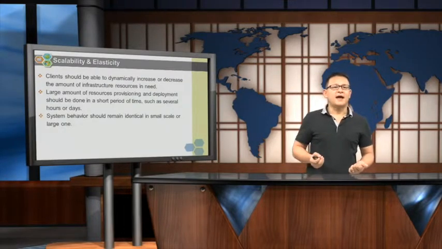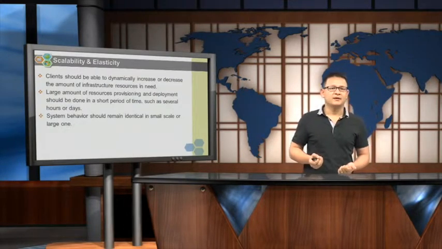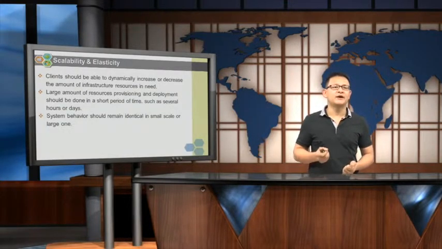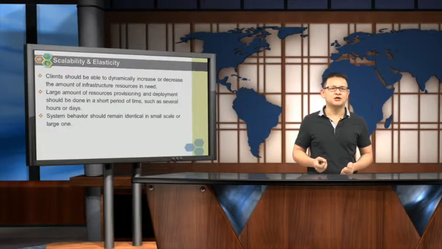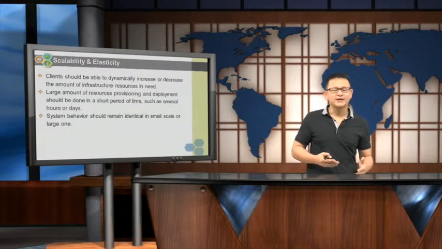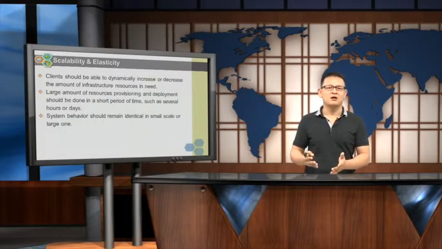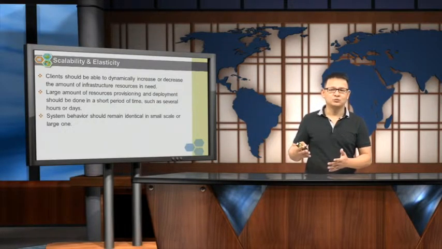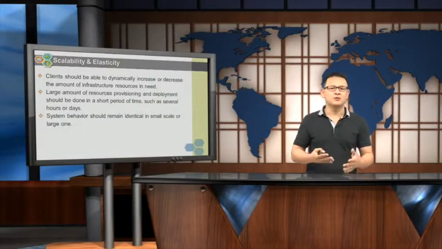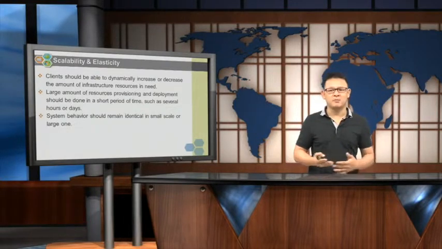So the client should be able to dynamically increase and decrease the amount of infrastructure resources in need. Because when you use cloud, one of the things it allows you to do is reduce a huge amount of work on how to deal with the problem of hardware, the problem of performance.